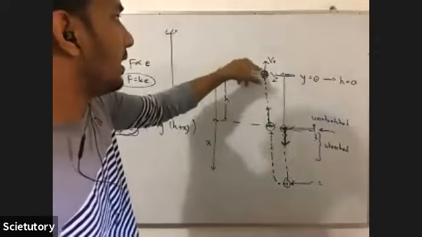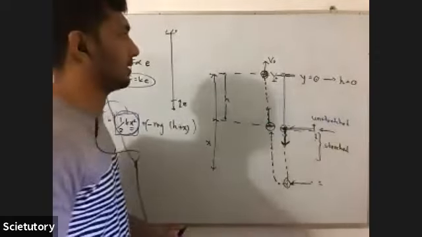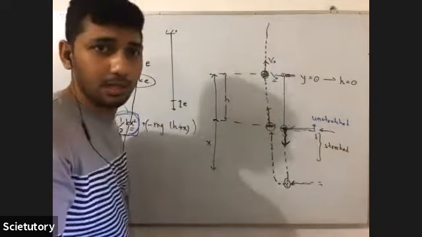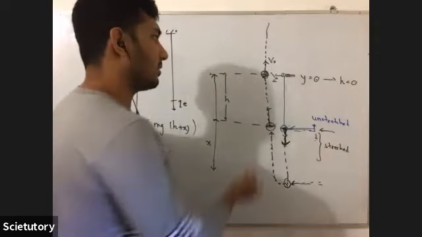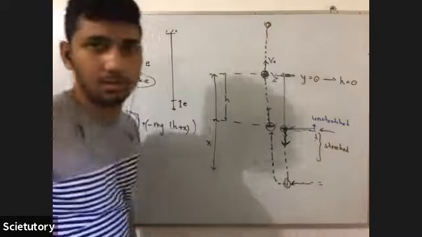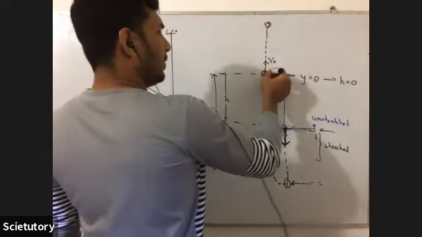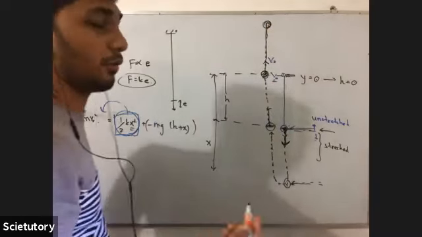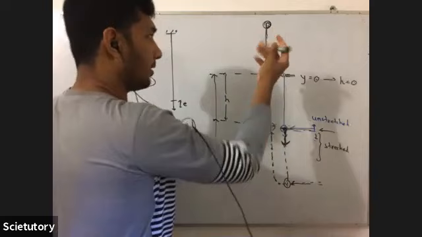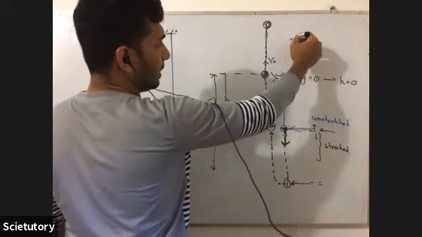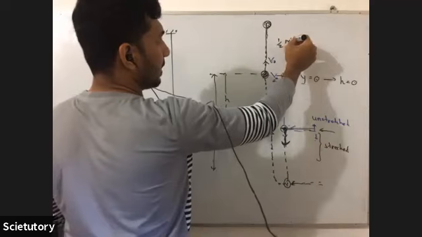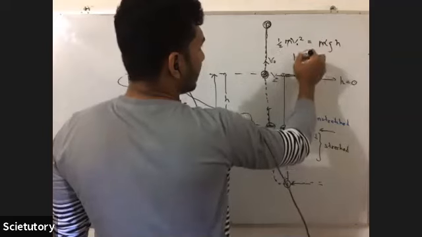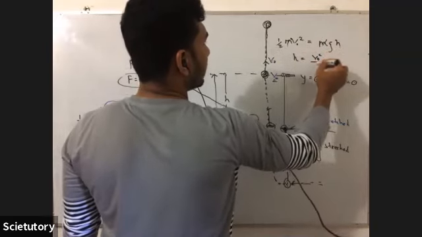So now it will go upwards. Again, the string may limit, may not limit, we don't know. It depends on how much it goes. If you just consider free fall, half mv squared will be converted into mgh, and h is equal to v naught squared over 2g.